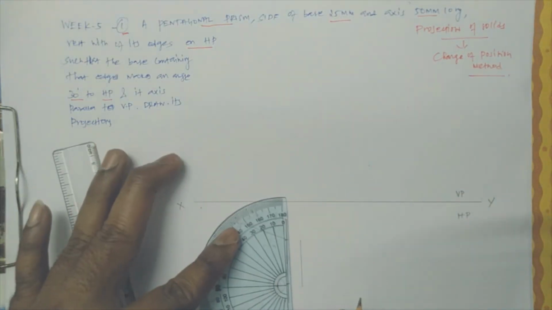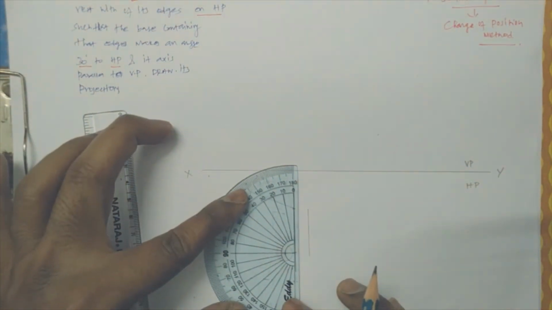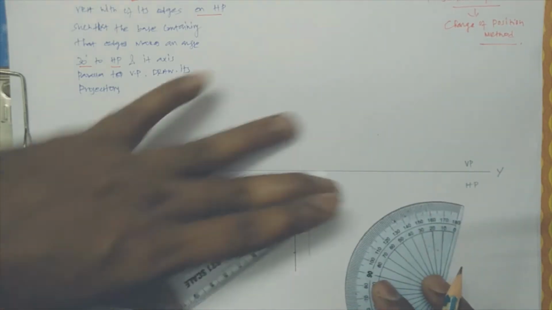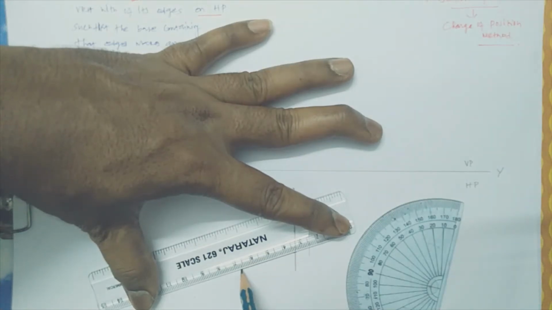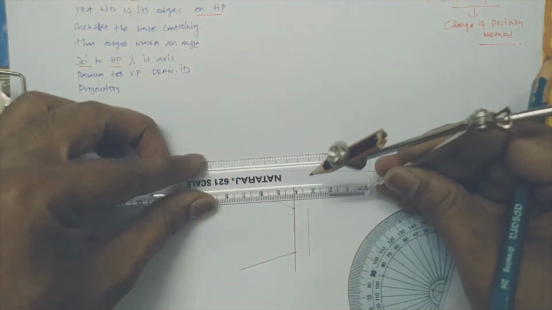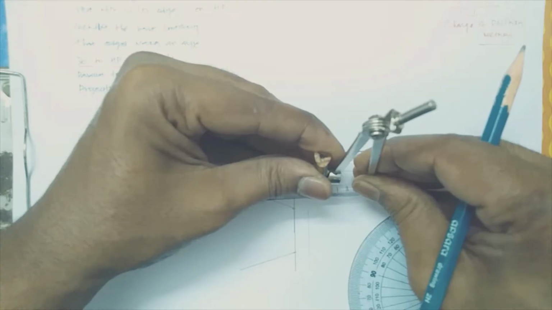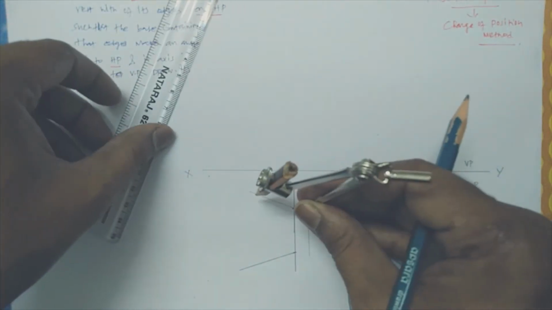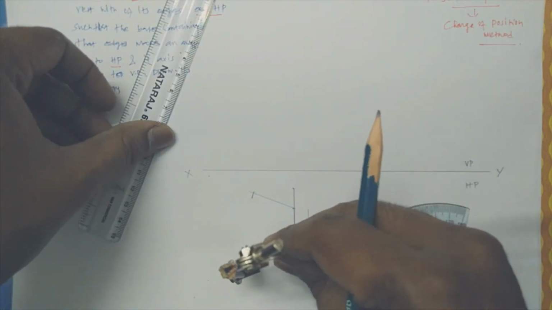Similarly on the other hand, 72. Okay, let us measure 25 mm. I keep this as a center and 25 mm as a radius.